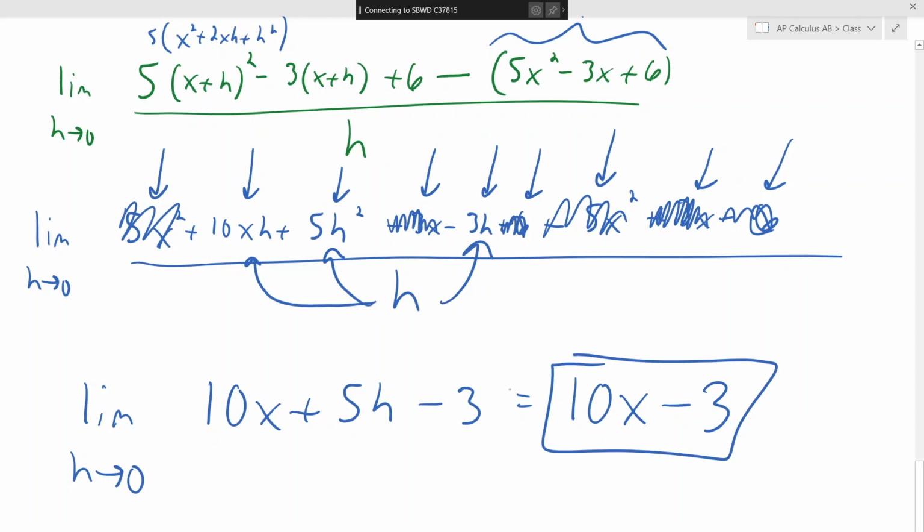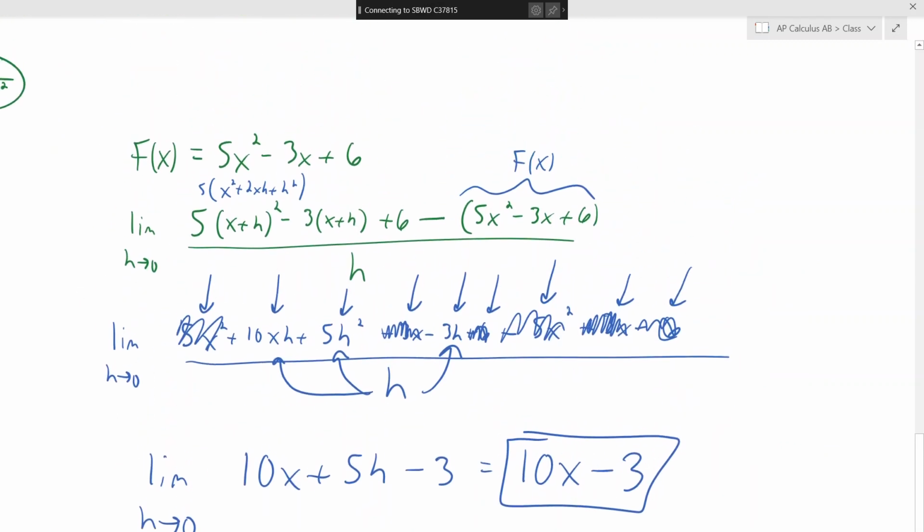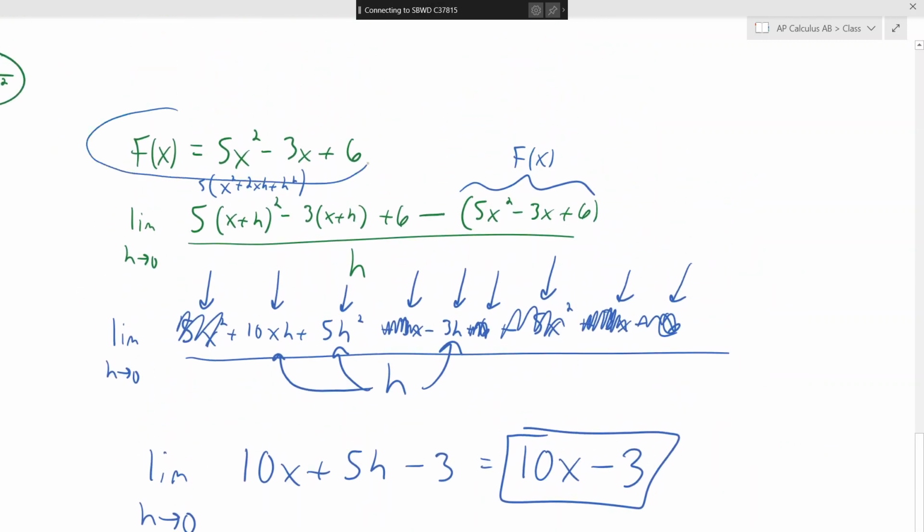And again, the reason why there's an x in our answer is because this is a formula for the slope at any x value. Okay? Questions? You ready? What's the slope of this function at x equals 1? 7. That's this right here. Yeah? Cool. Okay.